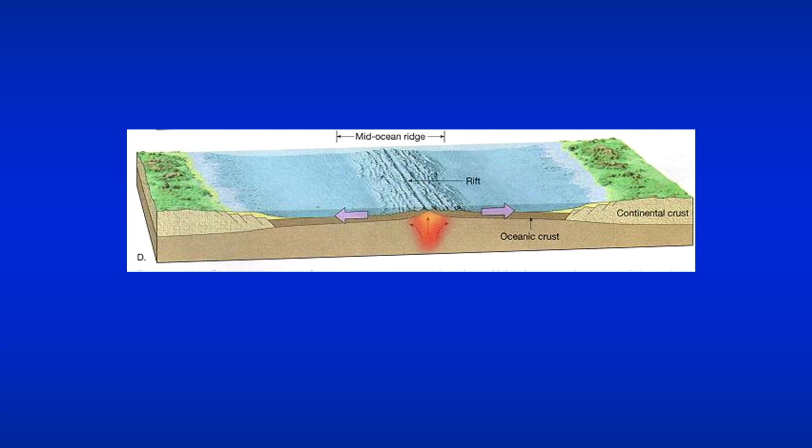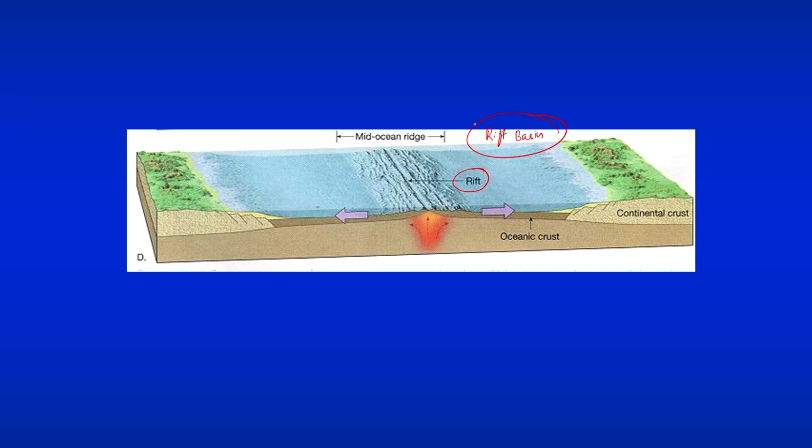Now, the spreading centers have also been termed as mid oceanic ridges, and the drifting of plates is also termed as rift basins.